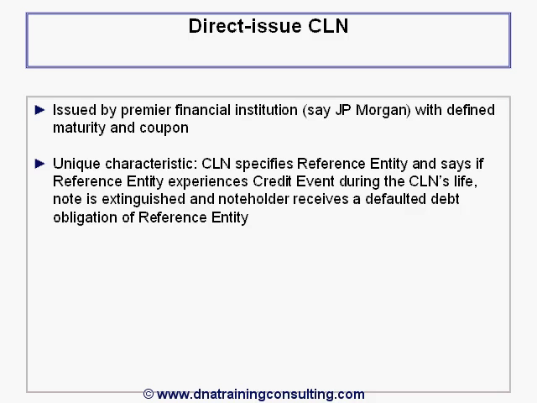This note specifies a reference entity and stipulates that if this reference entity experiences a credit event during the life of the note, the note is extinguished, and the note holder receives from the issuer some defaulted debt obligation of this reference entity instead of getting his principal or any further coupon.